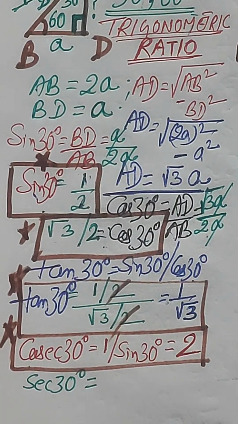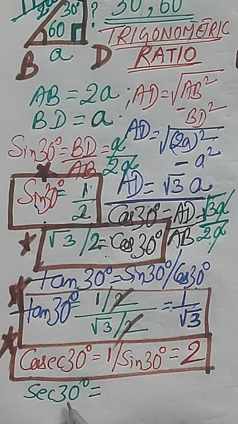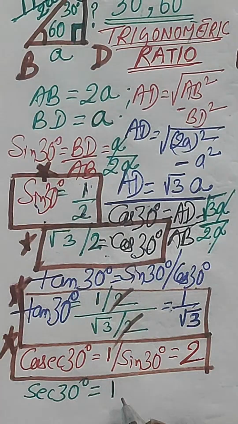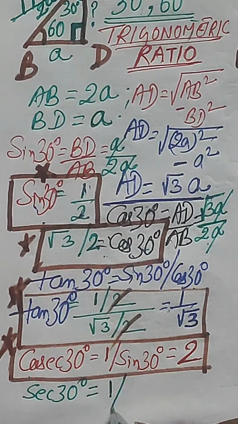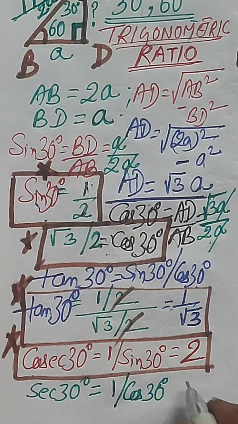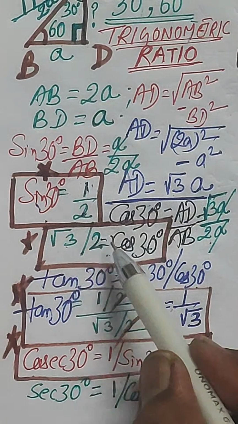Okay, no worries. So here for sec 30 degree, what is the value? Sec 30 degree is nothing but 1 by cos 30 degree. And what is the value of cos 30 degree? Yeah, it's root 3 by 2.